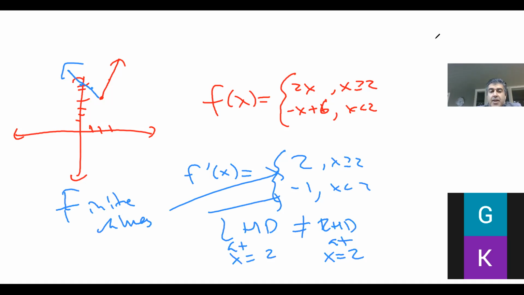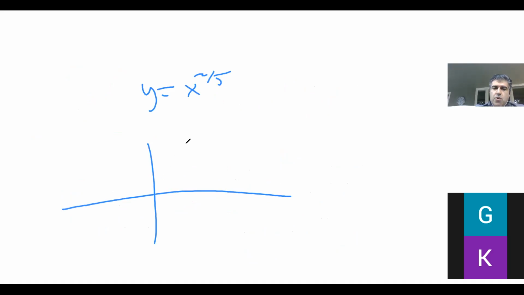So yeah, that's a corner, right? Now for a cusp, what's going to happen, like y equals x to the 2/5 power, we talked about how to graph power functions. So in the first quadrant, when the exponent is between 0 and 1, it looks like this. And that's like saying the 5th root of x squared. So I can plug in negative numbers, of course, but it stays positive because of squaring a negative. So you get that.